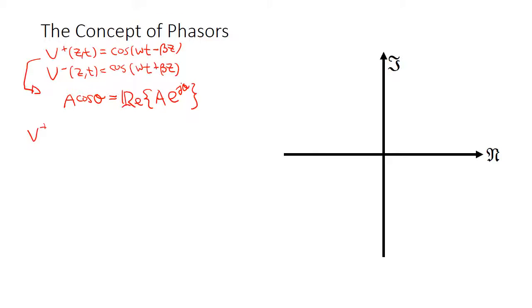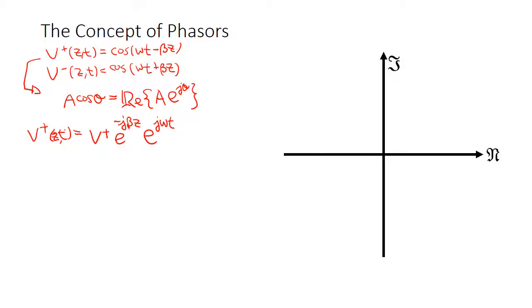For the forward propagating wave, v plus of z,t is going to be equal to the amplitude times e to the minus j beta z and e to the j omega t.